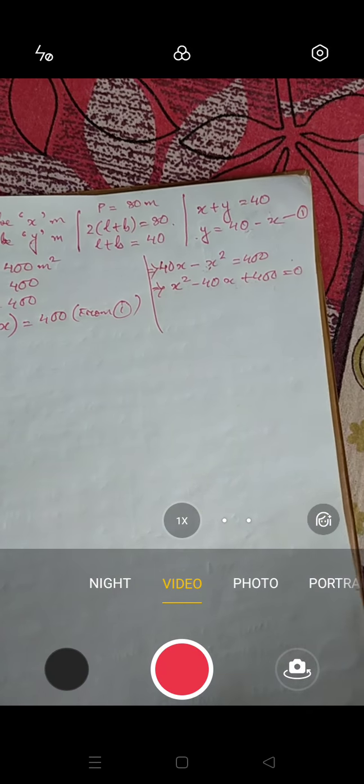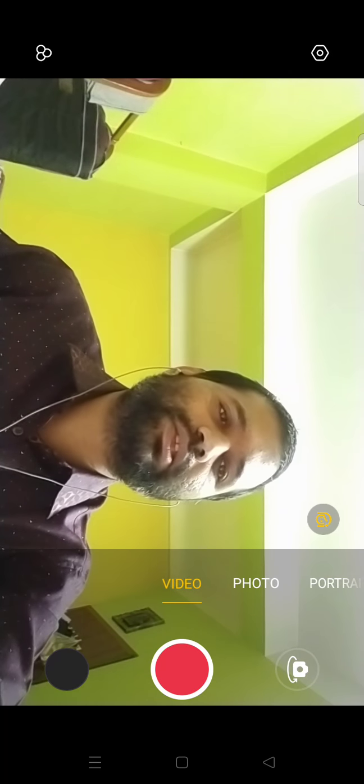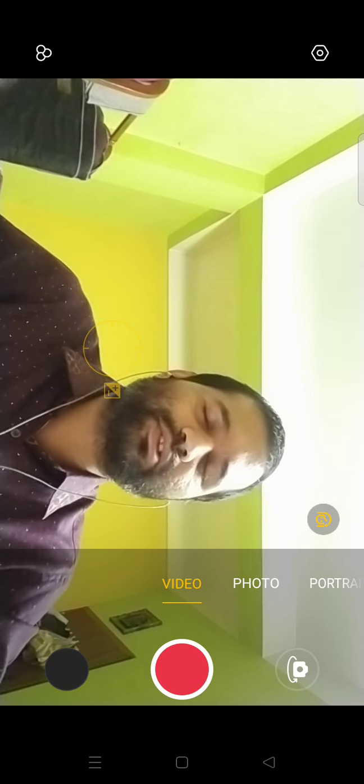Now find D. D equals b square minus 4ac. After substituting the values of a, b and c, you will get D equals 0.